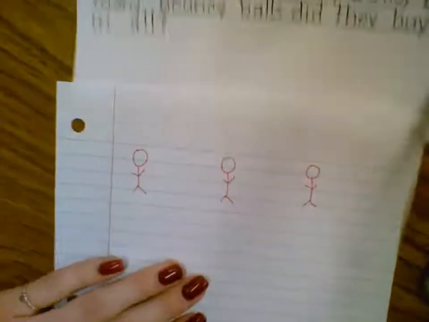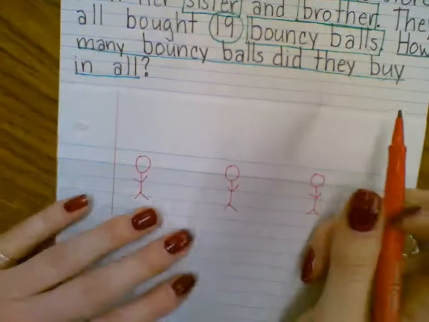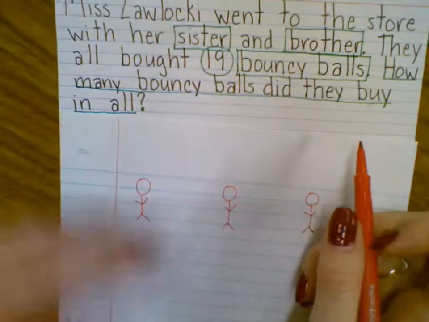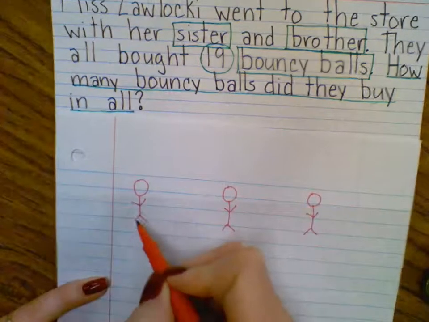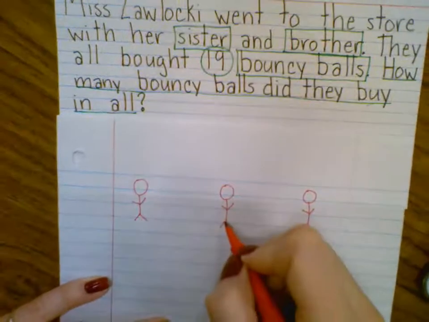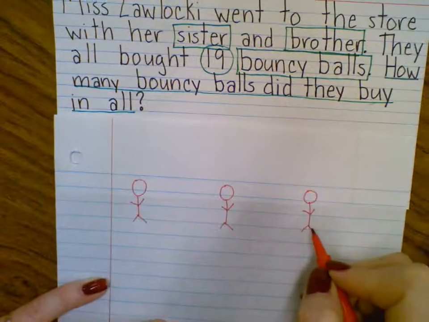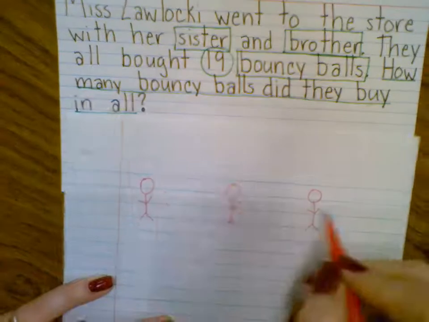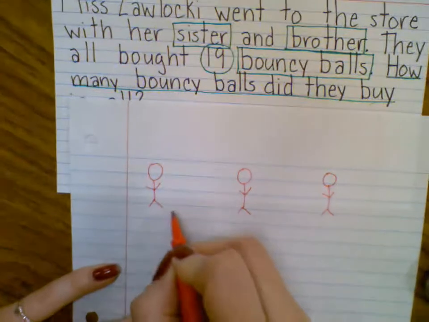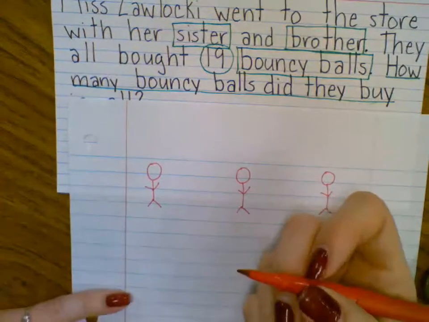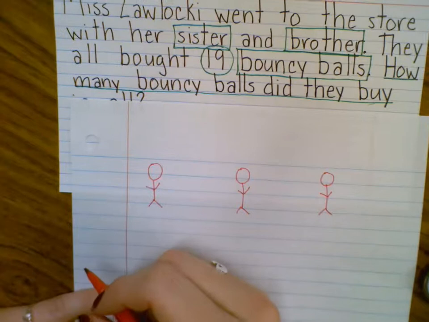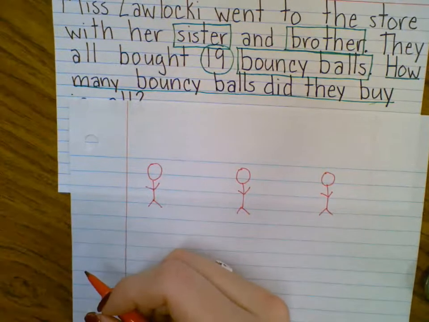So it says they all bought 19 bouncy balls. That means I know Miss Alaki bought 19, I know her sister bought 19, and I know her brother bought 19. So I could draw 19 little circles. But I know myself, and sometimes if I'm trying to count those little circles, I get a little confused.